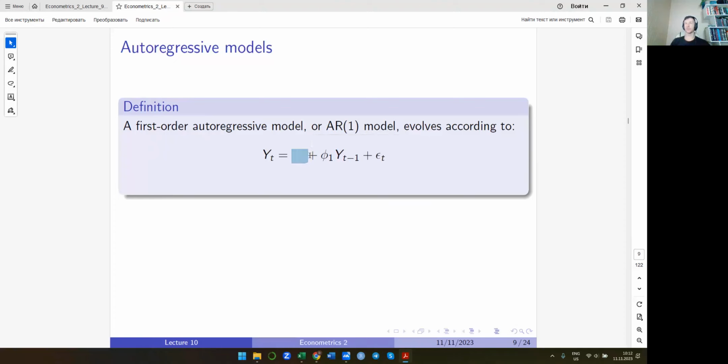Additionally, there is some constant term and some noise, the unexpected change in the variable. As you see, white noise here plays the same role as the error term in cross-sectional econometrics.